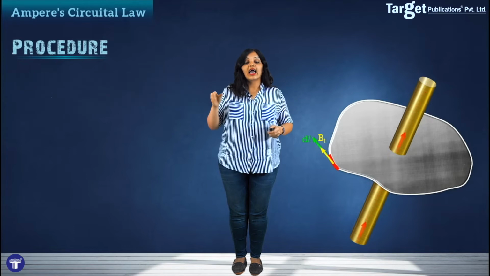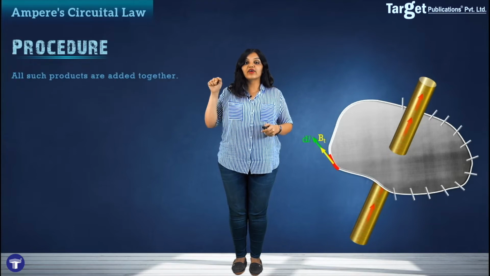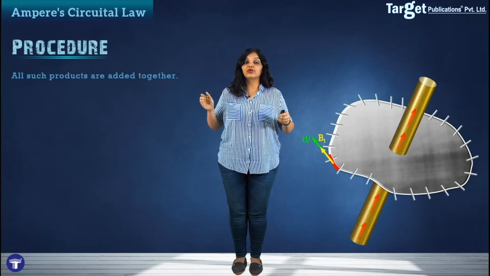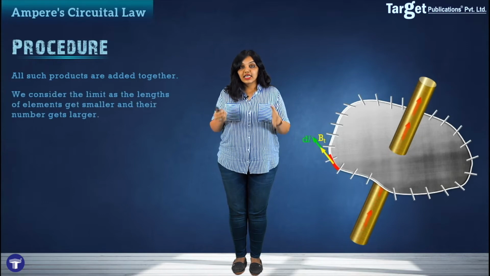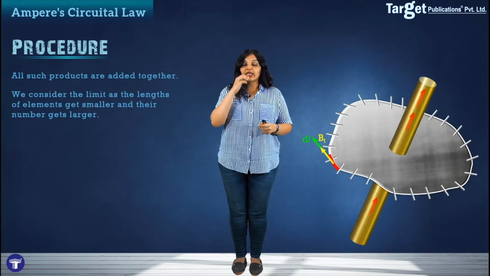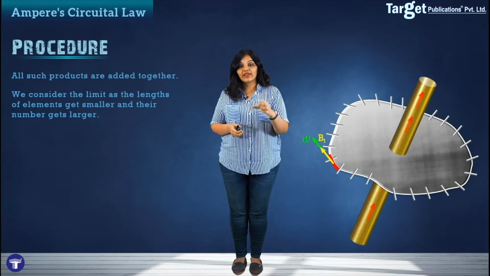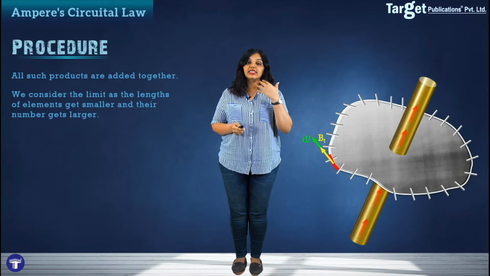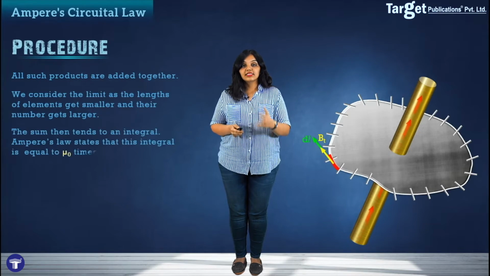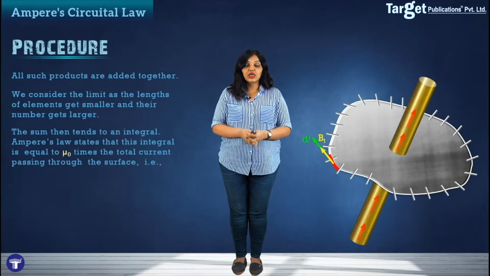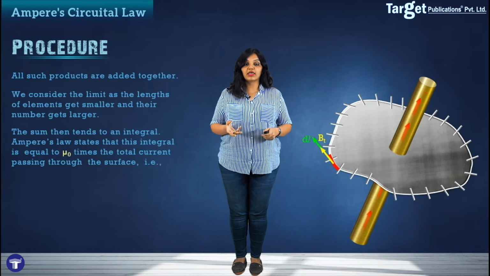of the boundary, and then when you find this product for every single line element of the boundary, you add them all up, and this addition is done in such a way that the lengths of the elements get smaller and smaller. That is, when the lengths get smaller and smaller, this addition becomes an integral, and this integral, Ampere said, is equal to mu naught times the total current passing through the surface.